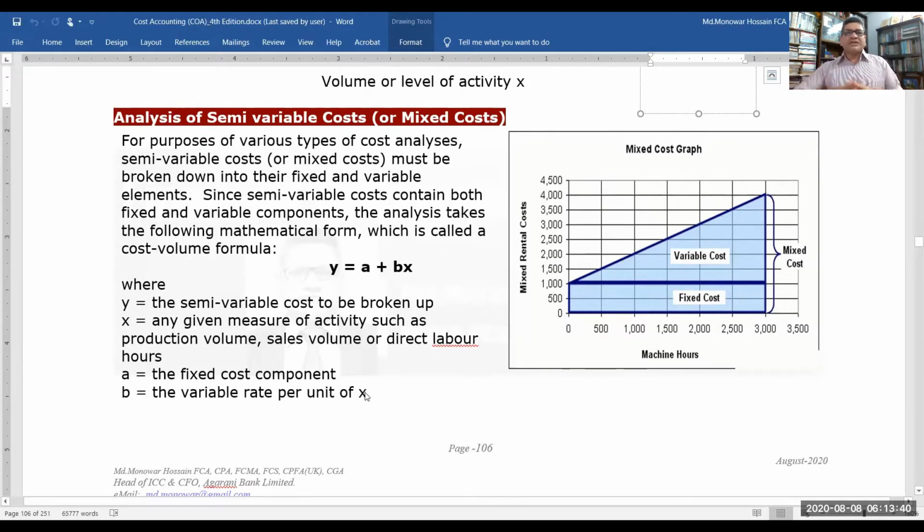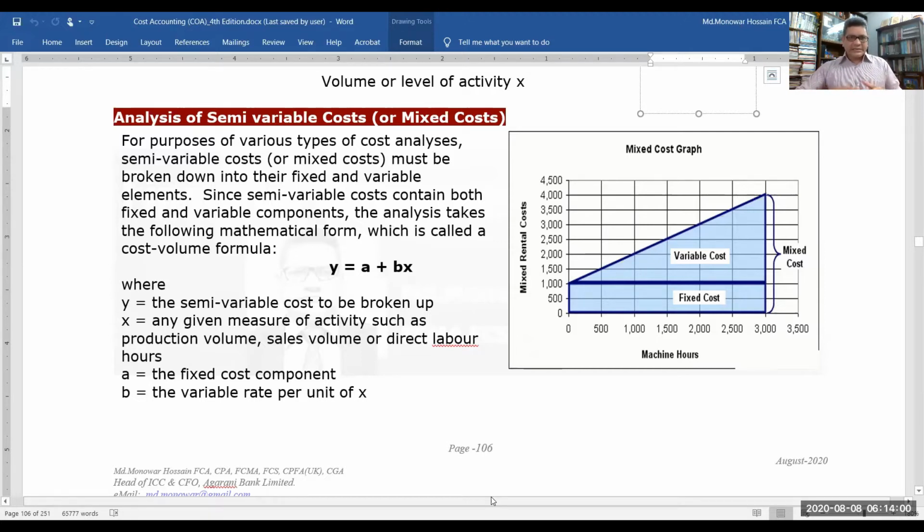For the purpose of various types of cost analysis, semi-variable cost or mixed cost must be broken down into its fixed and variable elements. Semi-variable cost contains both fixed and variable components.